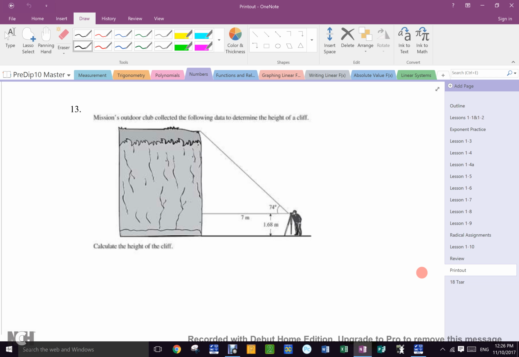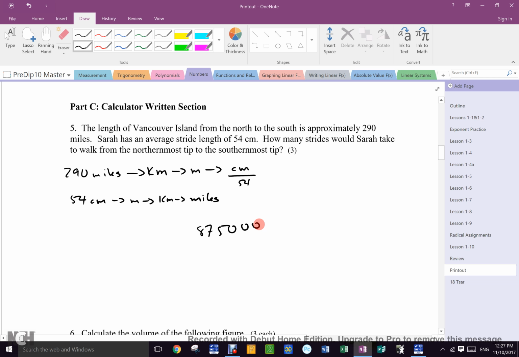Or you had to take 54 centimeters, convert it to meters, convert it to kilometers, convert it to miles, and then work with 290. I don't care which way you do, but your answer was something in the neighborhood of 875,000, I believe. So, if they have 875,000-ish, and they have done one of these conversions, they've either converted miles to metric or metric to imperial.